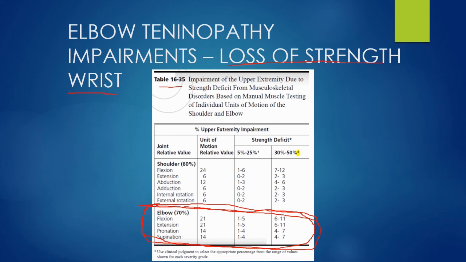And you may ask, can this table be used to provide for permanent impairment due to loss of strength at both the elbow and the wrist? And I would argue that you can, as long as you have a good how and why reasoning, and as long as you have the physical examination findings to document loss of strength at the elbow and loss of strength at the wrist. I believe that this table can be used to provide for impairment due to both losses.